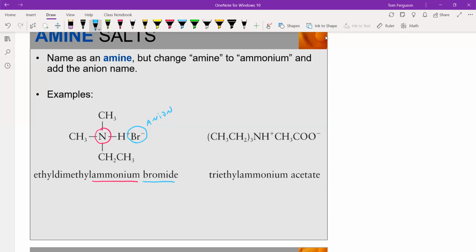And then the front part is in alphabetical order: what's attached to the nitrogen.